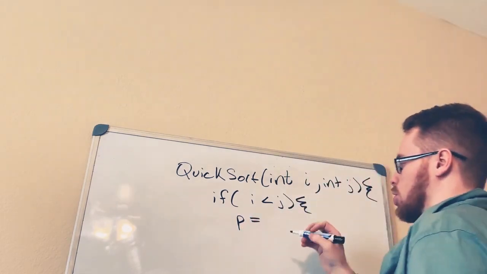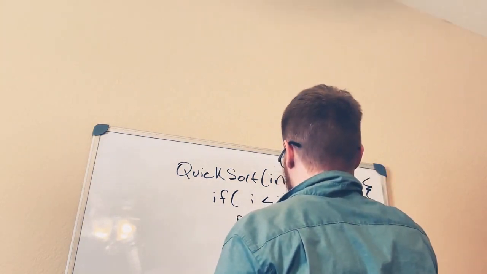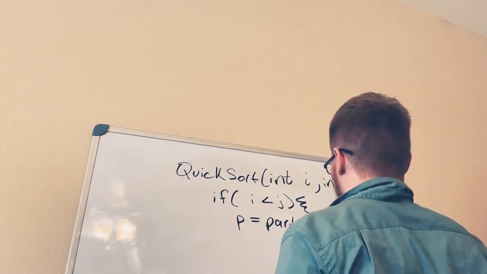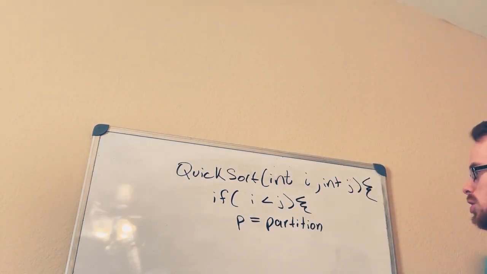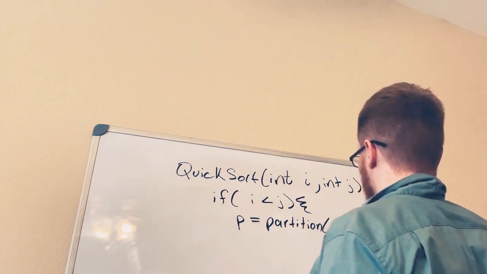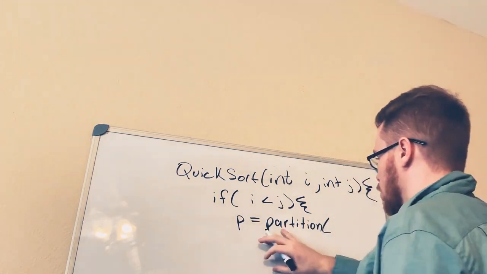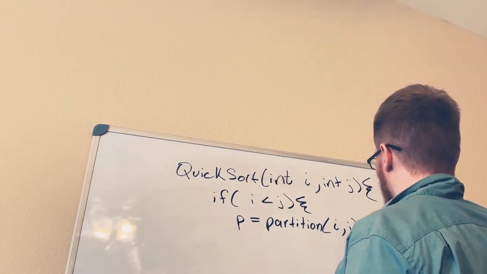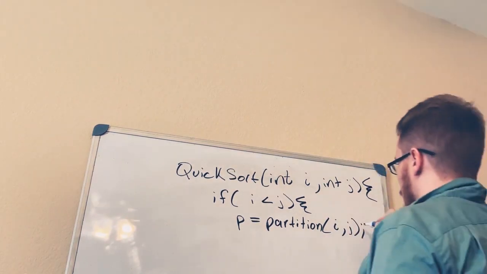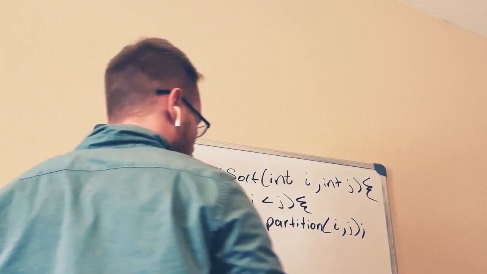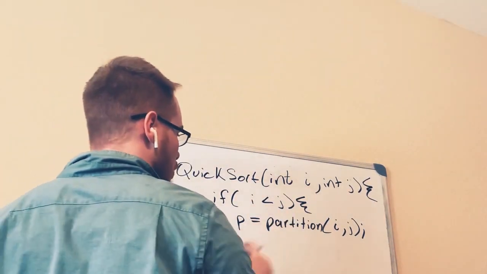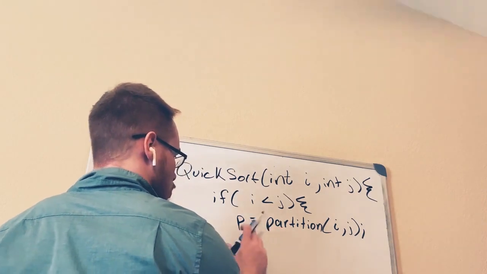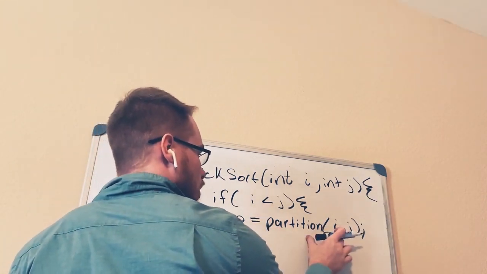I'm just going to say partitioning index here, but this is where you call that partition method, and we're going to pass in i and j. I'm not going to go over the partition code. I've explained it pretty well, and I'll have the source code linked at the bottom. So we want to find that partition index.